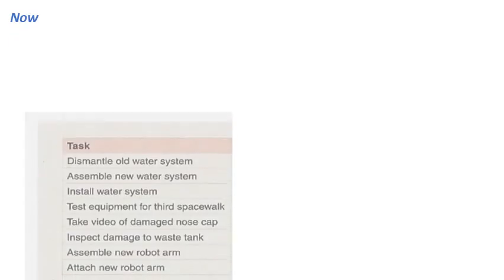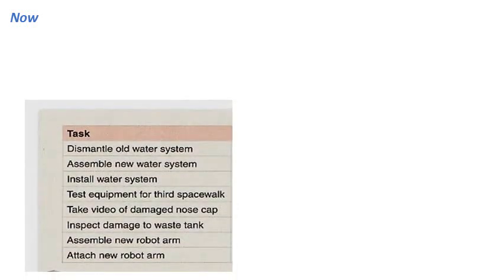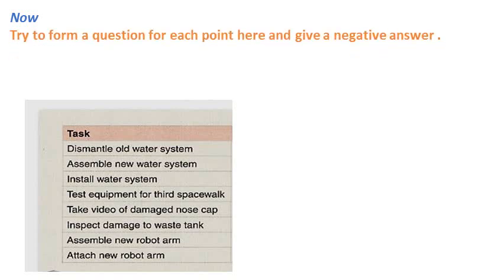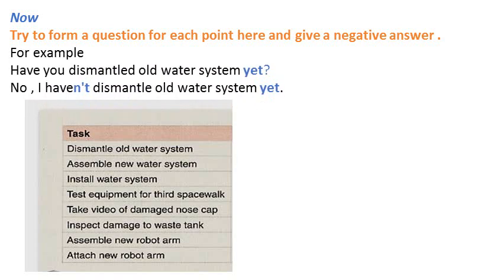Now, I'll give you a task. I need you to look at these tasks, and for each one, try to form a question and give a negative answer also. So I will give you an example. For number 1, dismantle old water system.